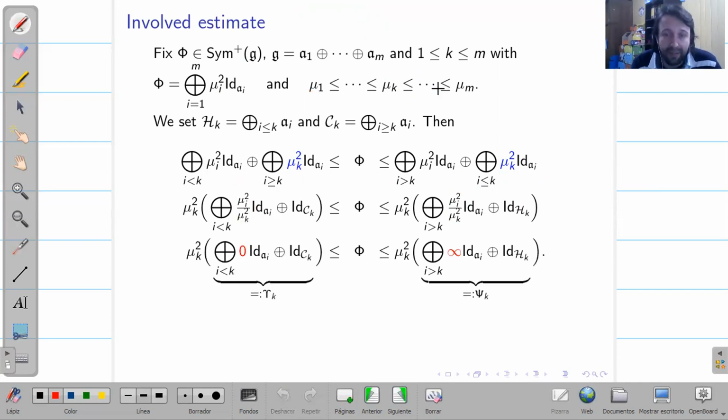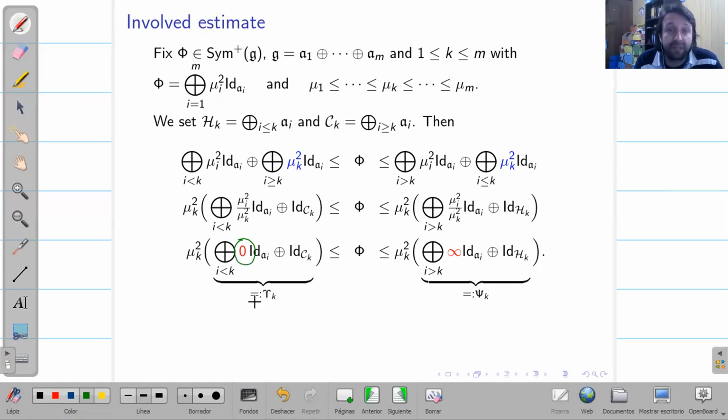And here is something strange, because we put a 0. And that means that epsilon k, defined like this, is a symmetric map, but it's not positive definite anymore because it has eigenvalue 0, right?